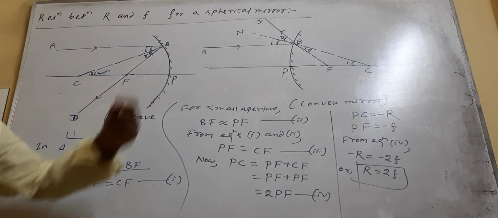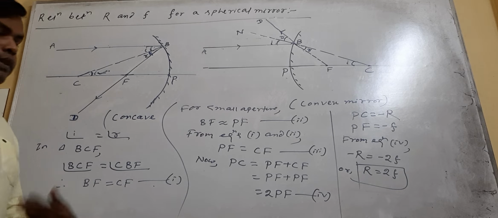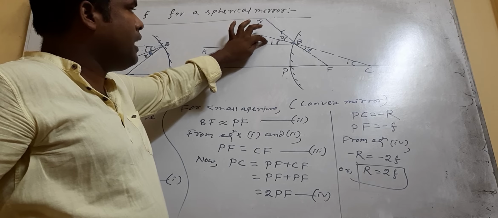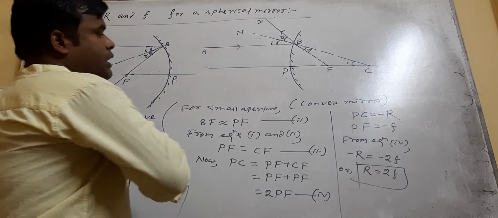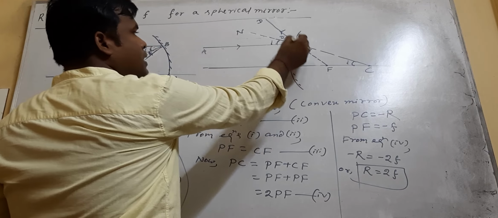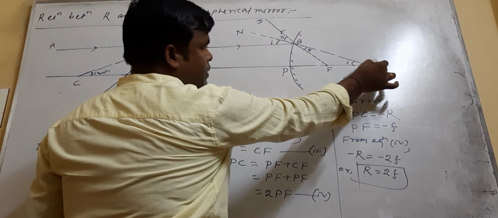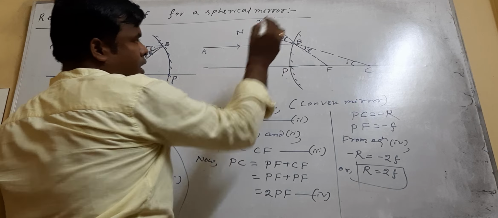Then for the convex mirror, all the writings are the same. Now we can verify. We have already said this is the angle of incidence and this is the angle of reflection. So it is r here because these two angles are vertically opposite; it is the same line. So this angle is equal to this angle, that is r.